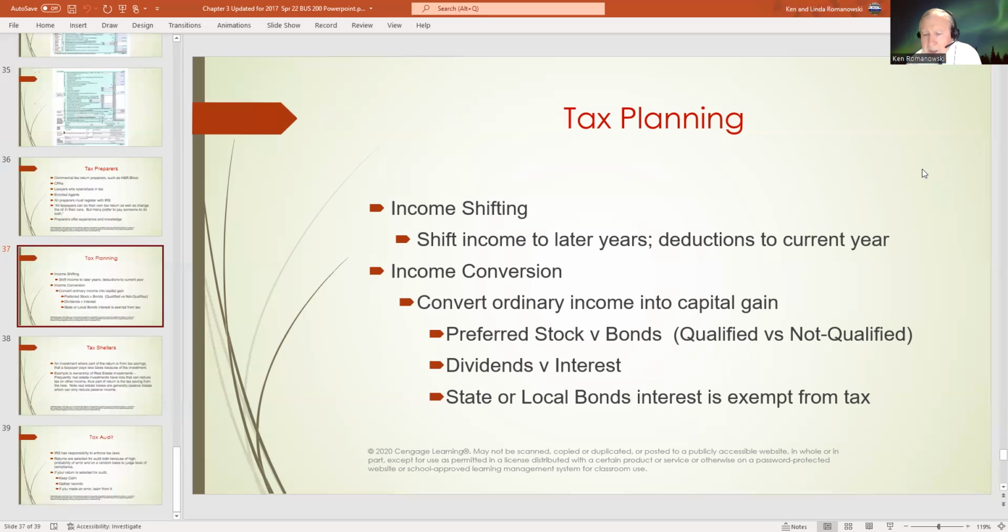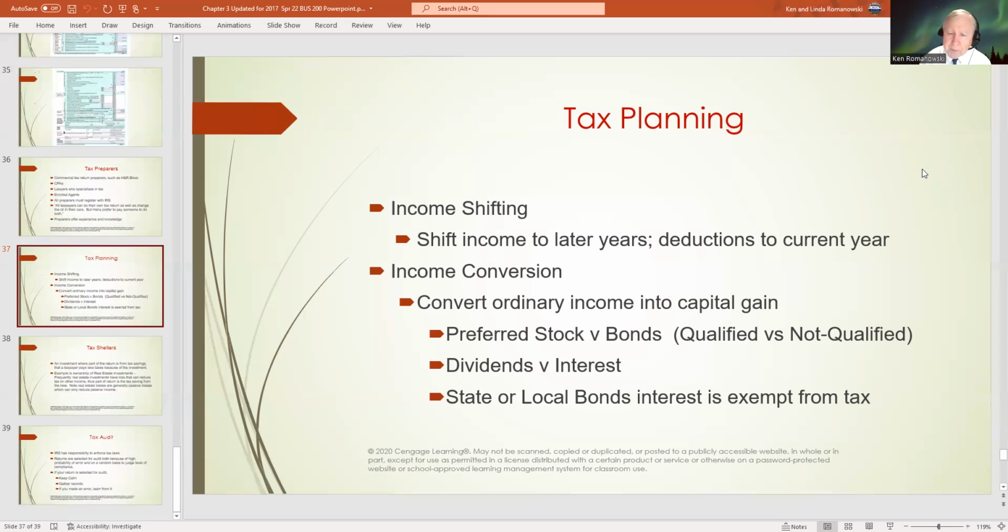State and local bonds, their interest is exempt from tax. And also, if you are living in the same state where those bonds are issued, you can be free of federal, state, and local taxes.